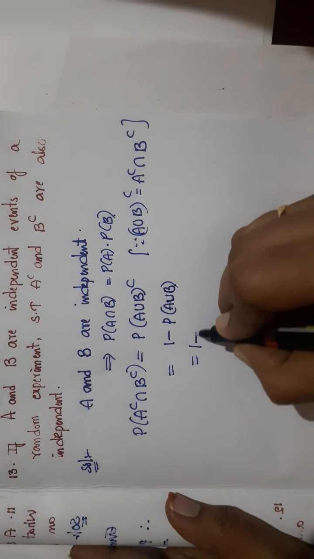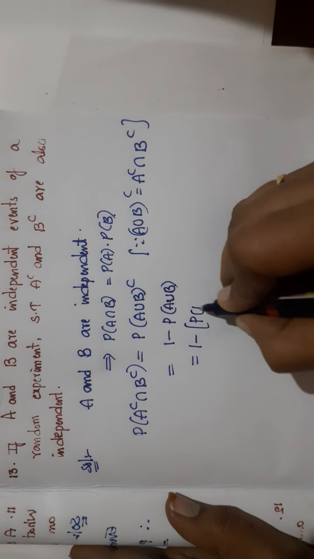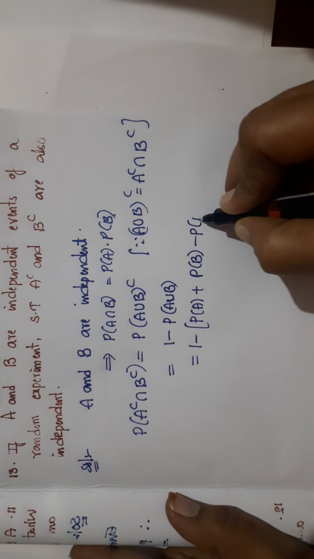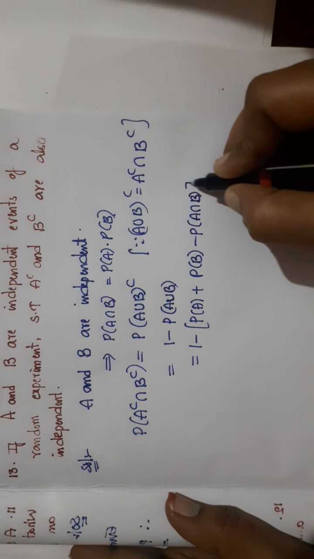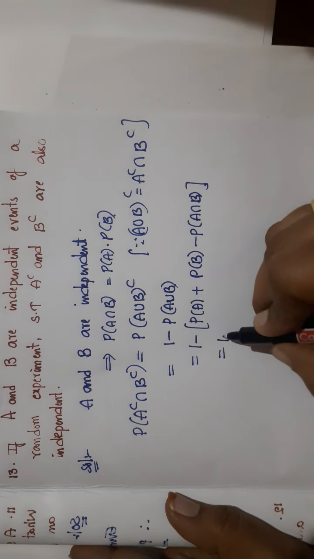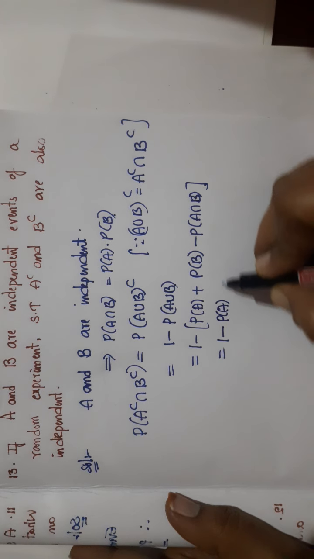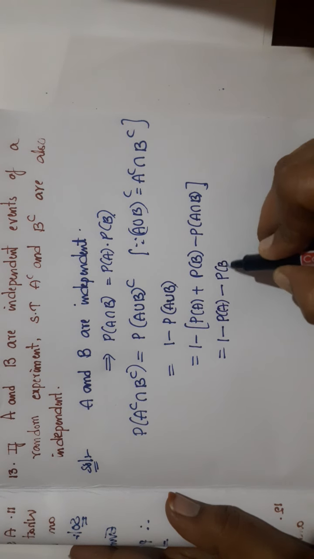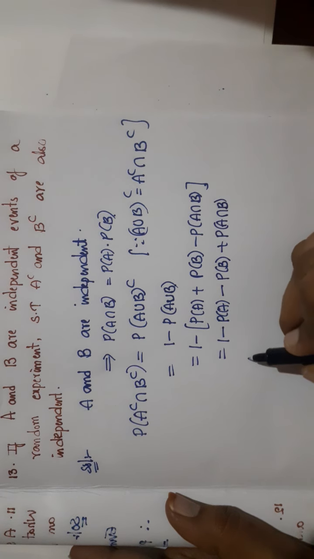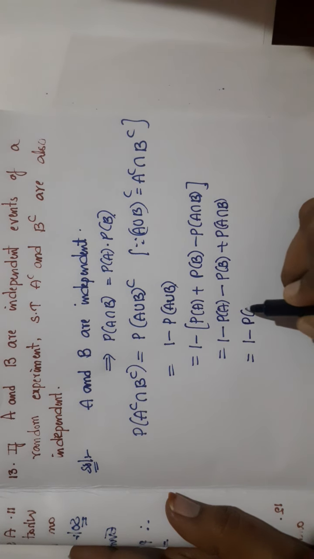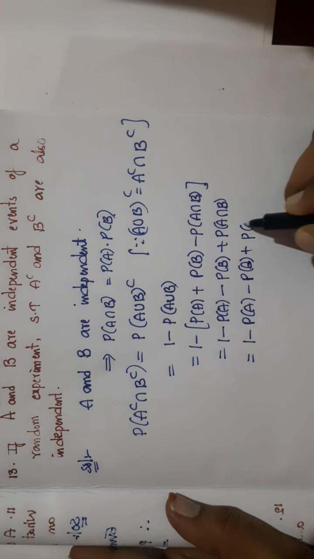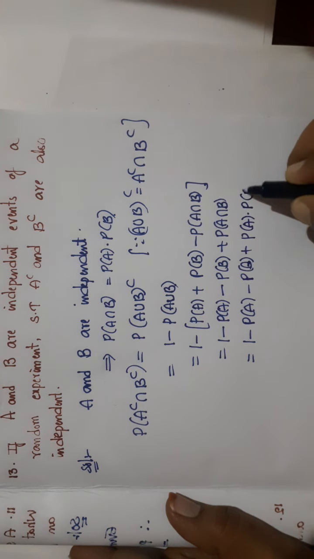On applying the addition theorem, 1 minus [P of A plus P of B minus P of A intersection B]. Splitting it, 1 minus P of A minus P of B plus P of A intersection B. Since A and B are independent events, P of A intersection B is P of A into P of B.